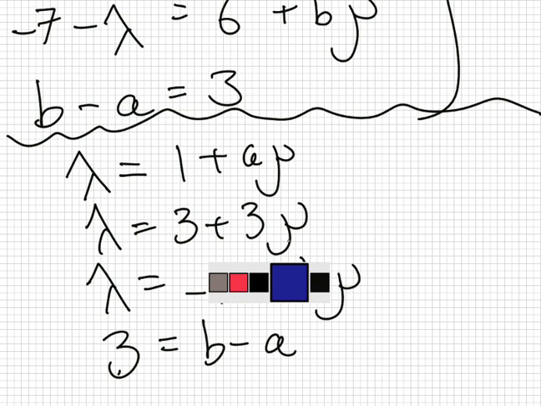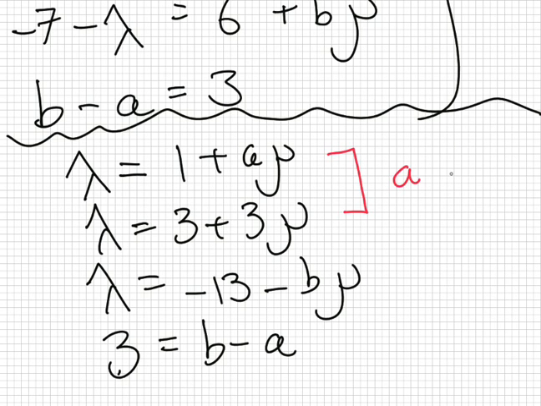So now we have to decide what's the best way to combine these to solve. What I could do is put these together and remove lambda. So if I put these together, what would I be left with in the equation? A and mu, right?